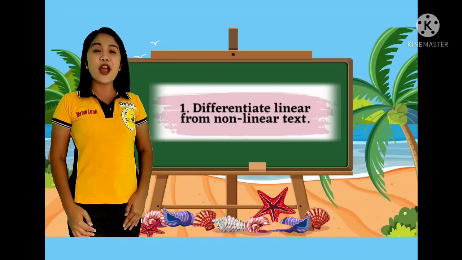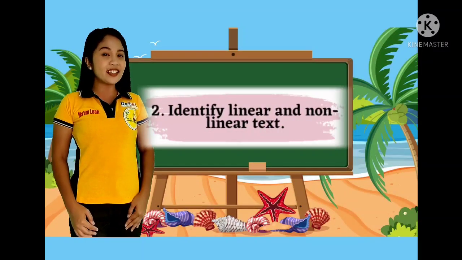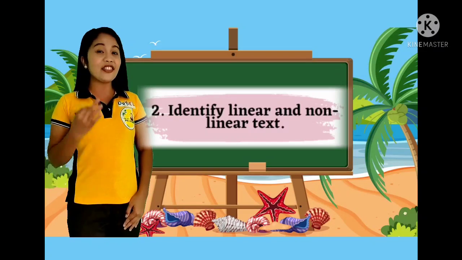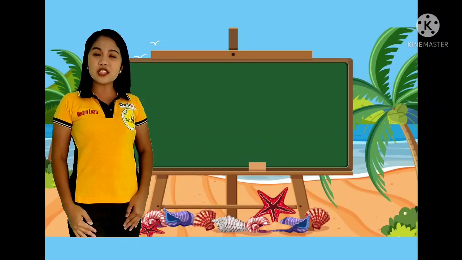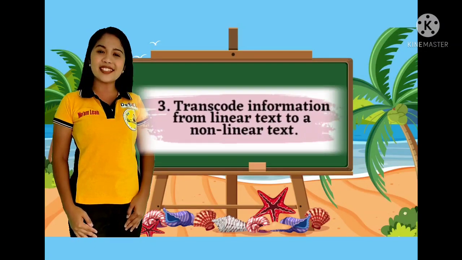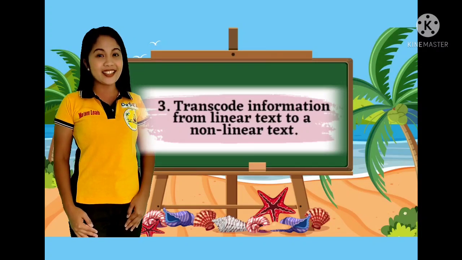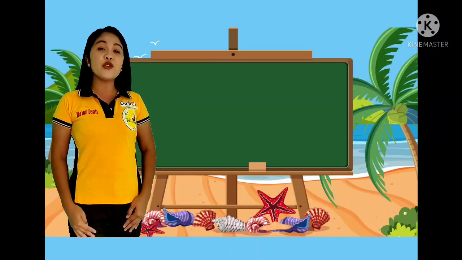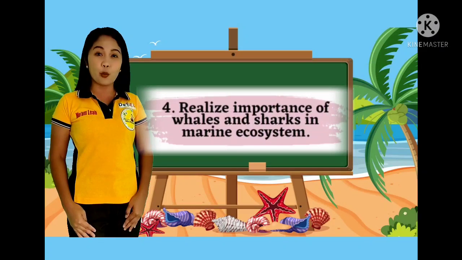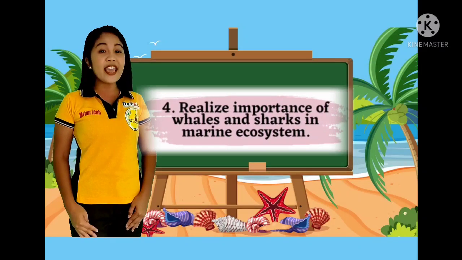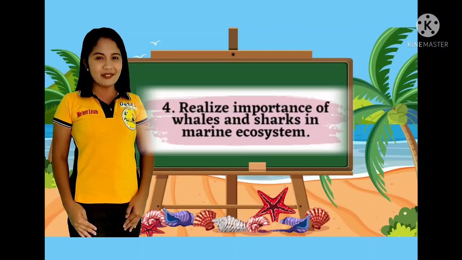Number 2, identify linear and non-linear text. Number 3, transcode information from linear text to a non-linear text. And lastly, number 4, realize the importance of whales and sharks in the marine ecosystem.